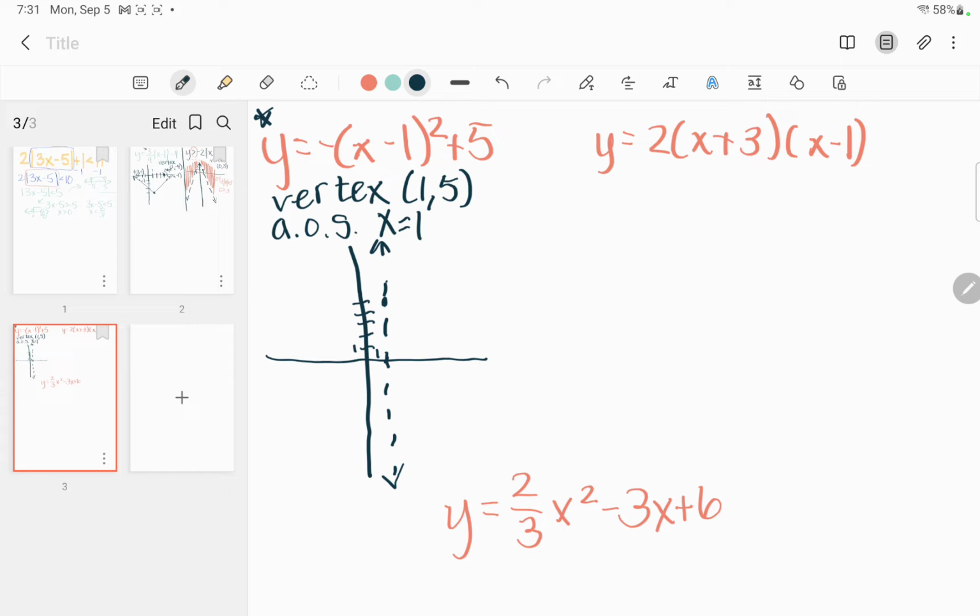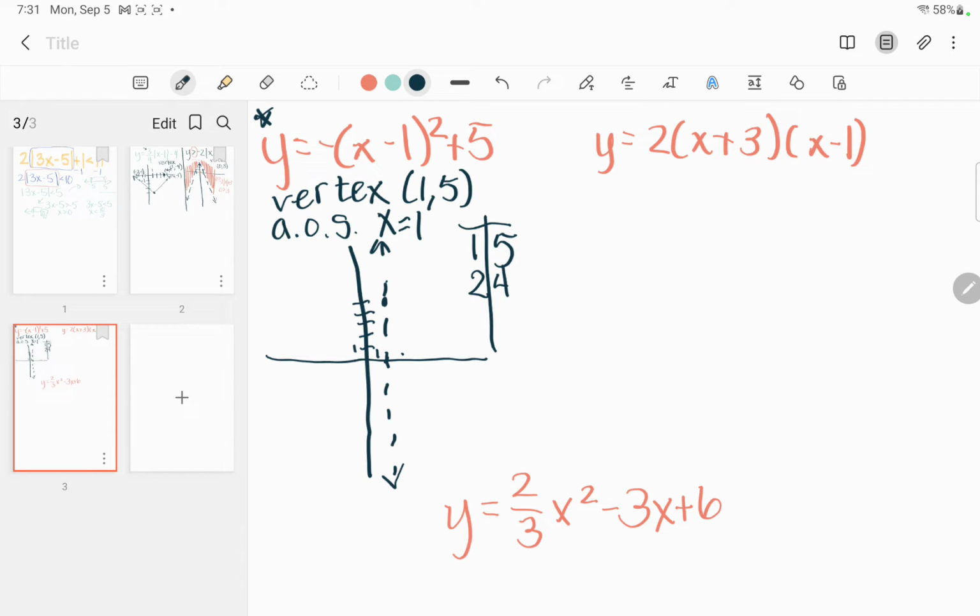And I'm going to then graph a couple extra points. Now it's easiest to do this with a table. 1, 5, I notice that this is going to be opening down. If I use 2, then I have 2 minus 1 is 1, and 1 squared is 1, negative 1, so that's 4.